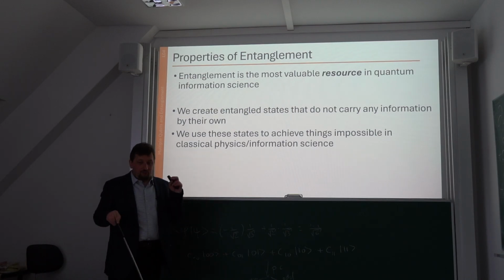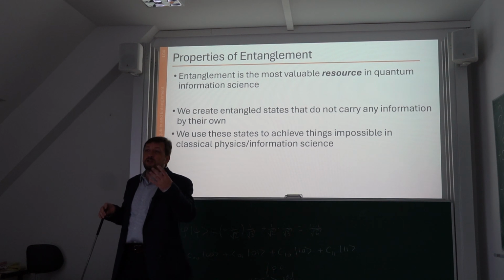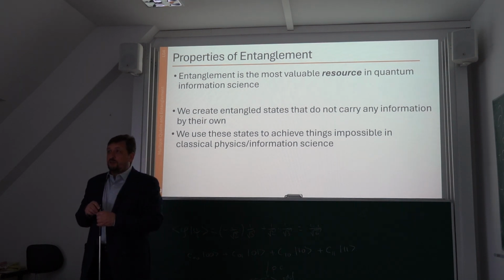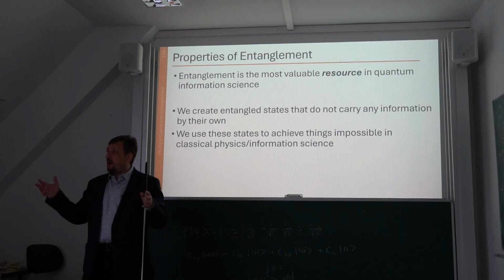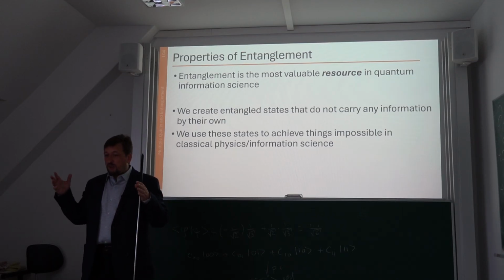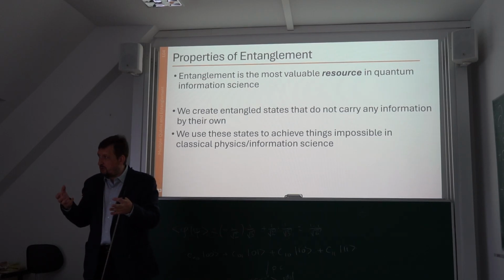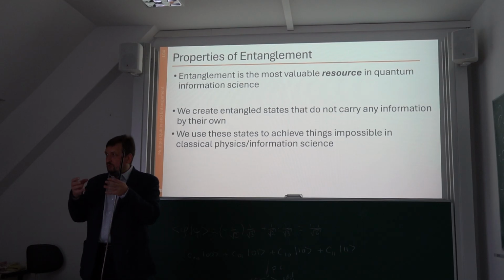Entanglement in modern quantum computation science is a resource. What is done in many quantum algorithms is that we create an entangled state of two qubits, and this entangled state does not carry any information by itself. It's not like entangled states encode 0 or 1.